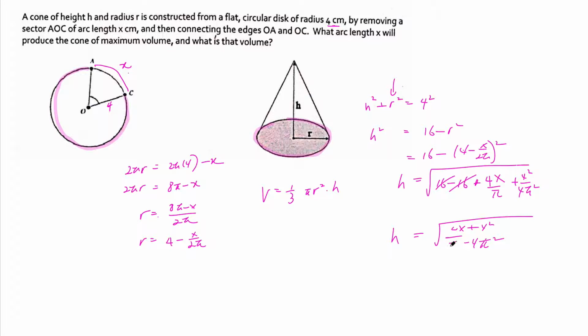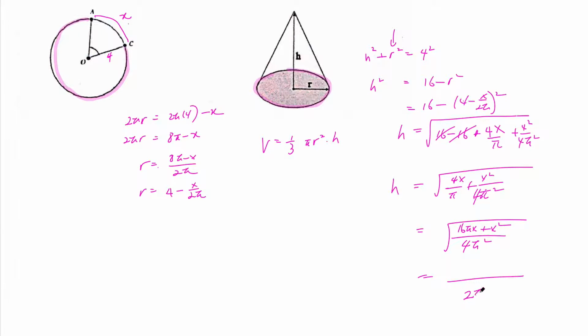But you get the idea. Oops, I said let's leave it and I'm trying to combine it in an illegal way. Yeah, the common base will be 4 pi squared. You have to multiply here by 4, so you get 16 pi x plus x squared. So the denominator becomes 2 pi.